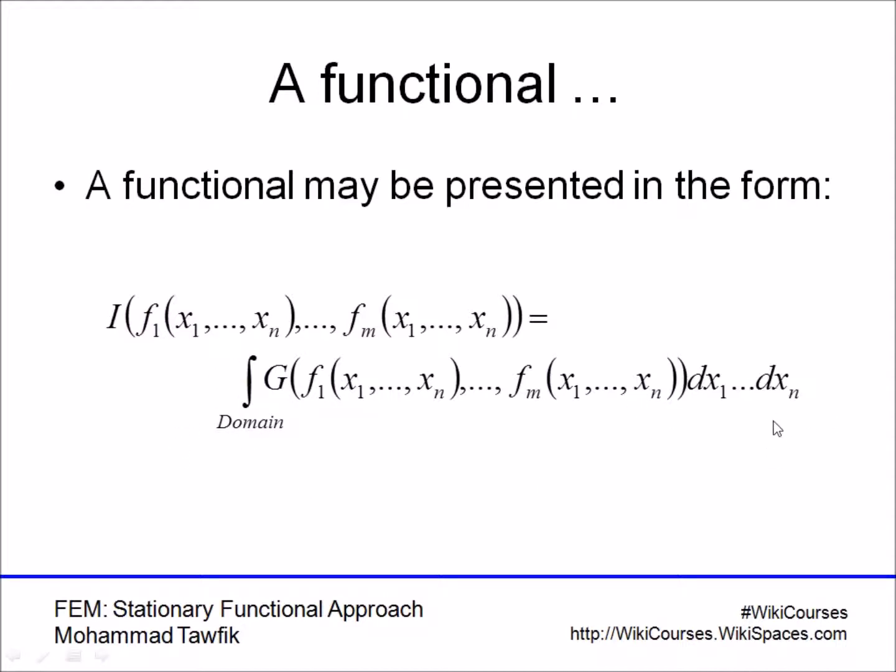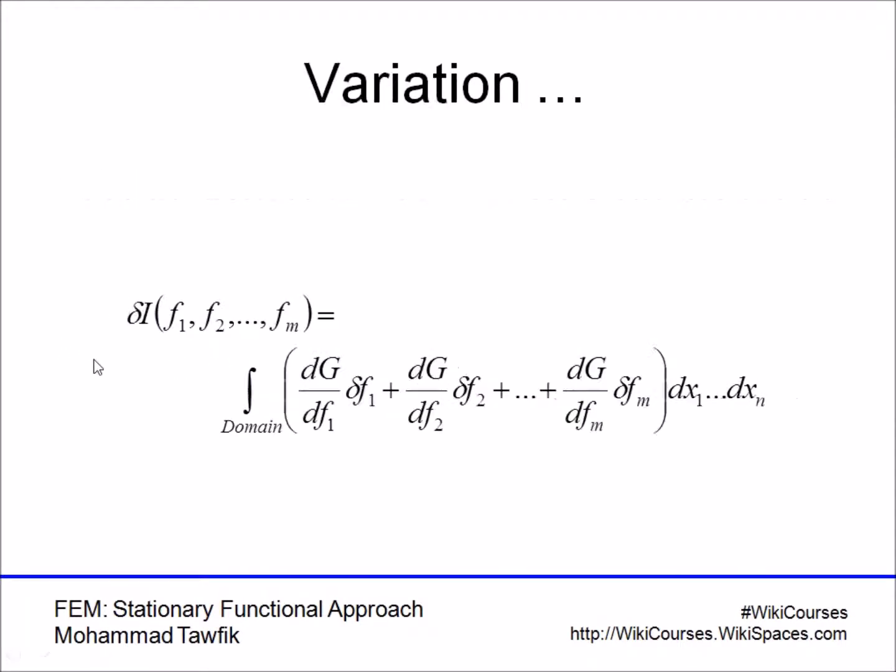Also, the domain would be dx, dy, dz, the three spatial dimensions that we are used to in classical mechanics. This integration over the domain of the potential energy, the kinetic energy, and the external work done will give us a single number, which we'll call the total energy. So the functional here is a single scalar number.